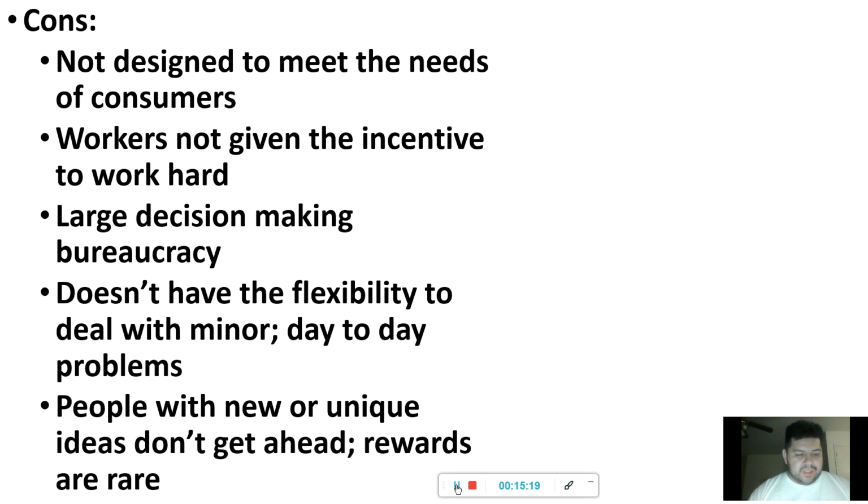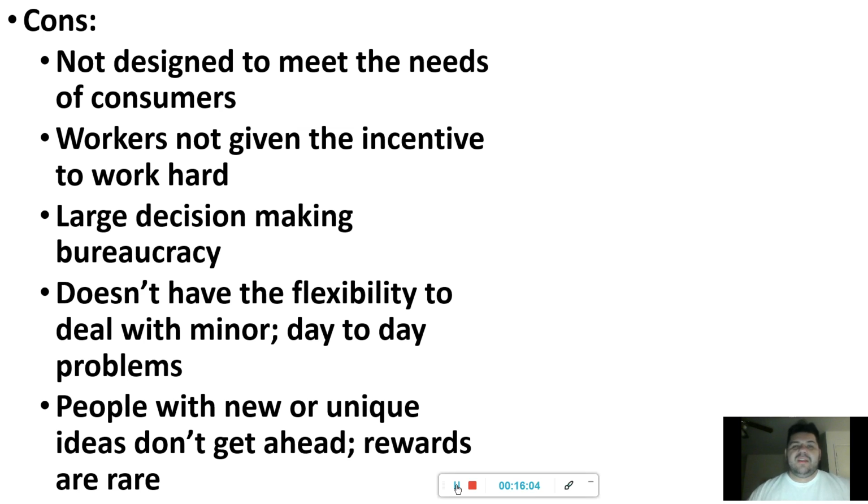Okay, large decisions are made by the bureaucracy, by the top people. Now that also ties in with the next con, which is they don't have the flexibility to deal with small day-to-day things. Think of it like this: if the principal at a school didn't have the counselors, the other assistant people, the aides, or the teachers, and his or her job was to make sure that every student did their work every single day in a standard high school, it would be almost impossible.